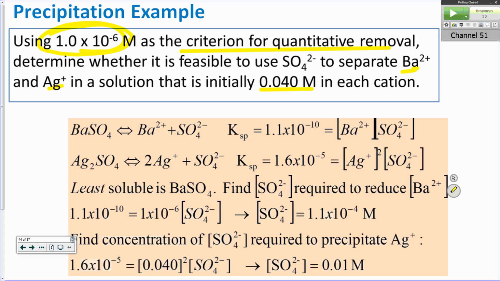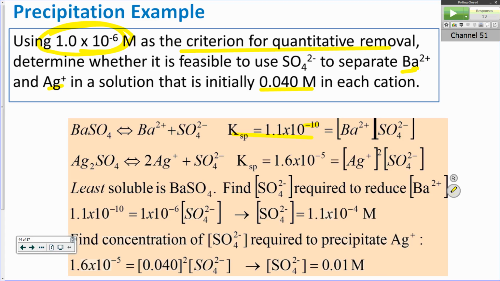Because you precipitate out one of them selectively. Well, if I look at the KSP values in the back of the book, the barium sulfate is the one that's least soluble because it's 10 to the minus 10.